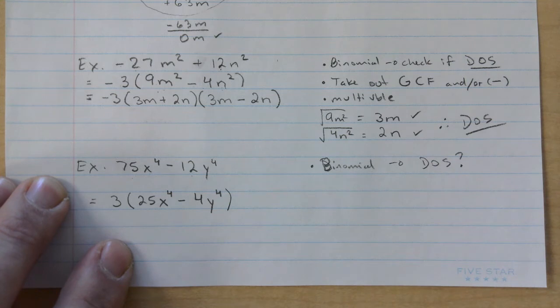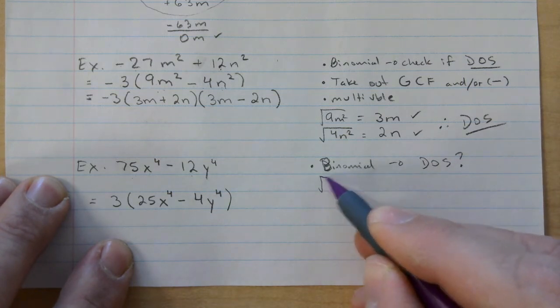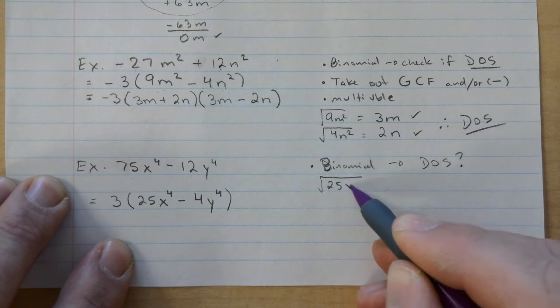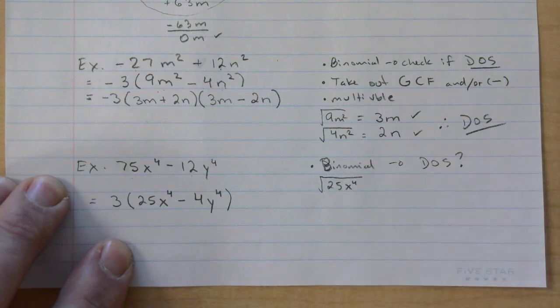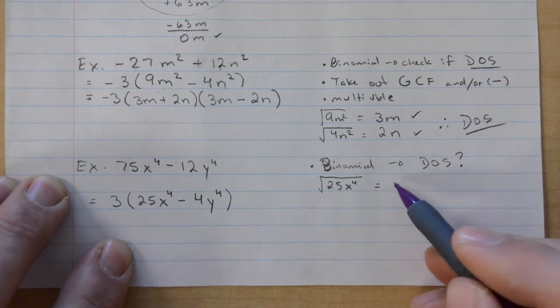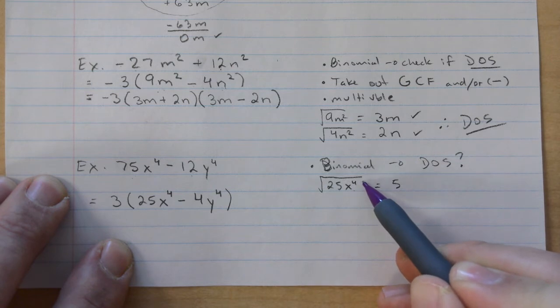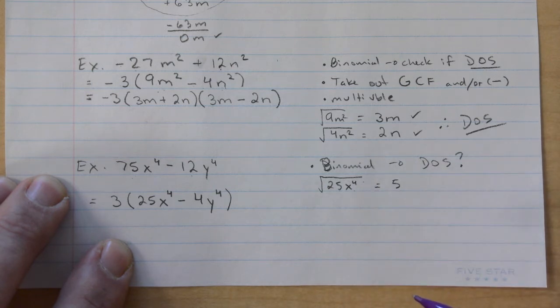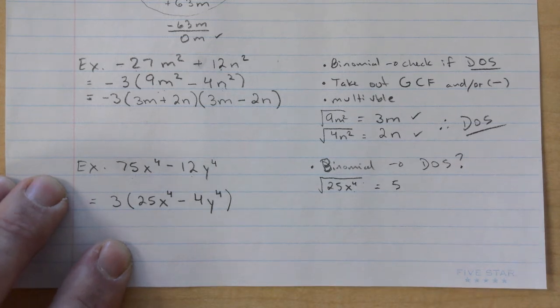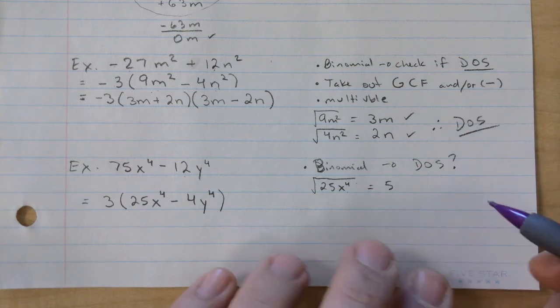So here's where you need to put your thinking caps on. If you're at home, wake up, right? 25. I know because people here are awake. Square root of 25 is 5. What's the square root of x to the 4? X to the 2, yeah. I will tell you why in the next chapter, but I will tell you this.